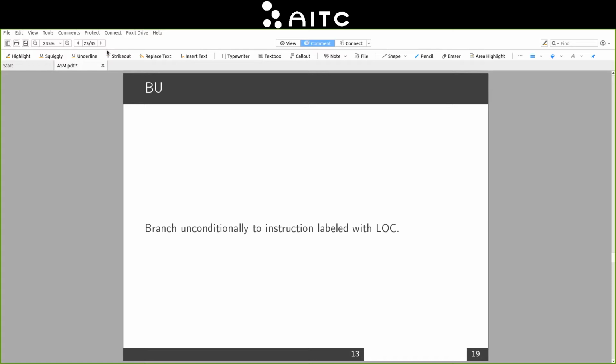Okay, and the program terminates. There's no LC field here. If you find the end, although there are some programs still here, like B, this will not be executed because the program terminates.